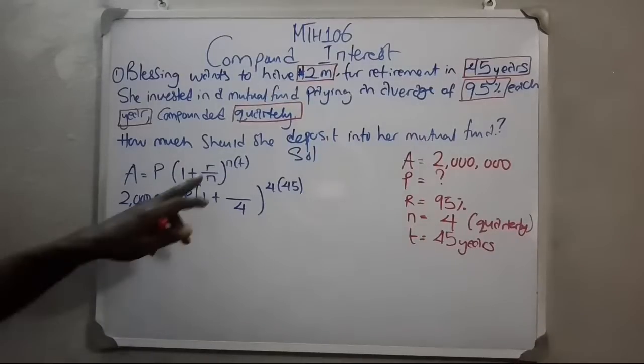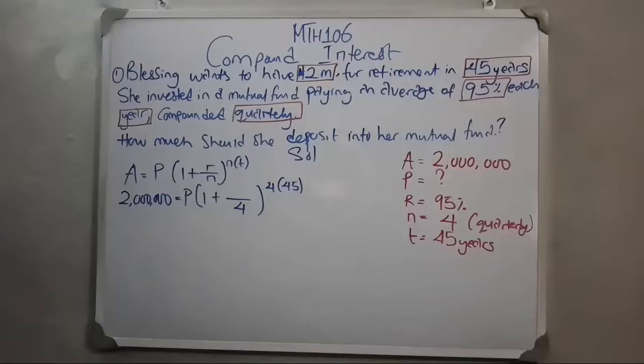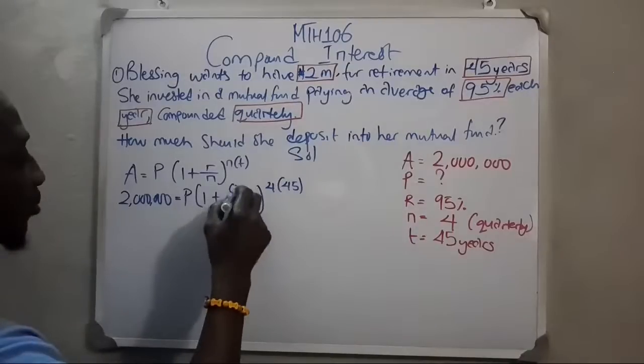What it should be is 95 divided by 100. Anybody able to help with that? Okay, so we have 0.95.